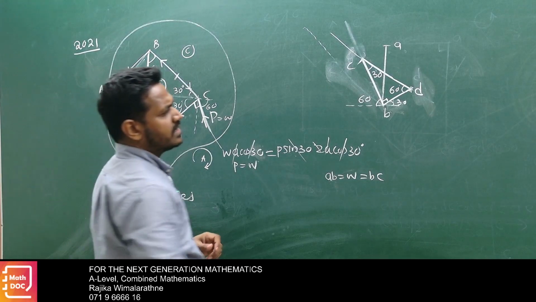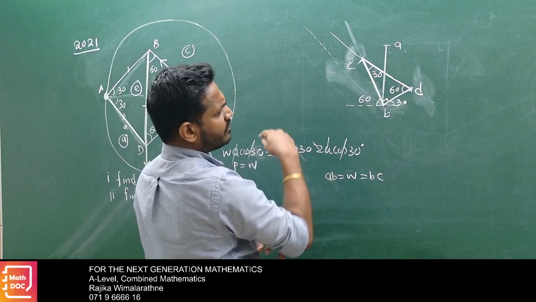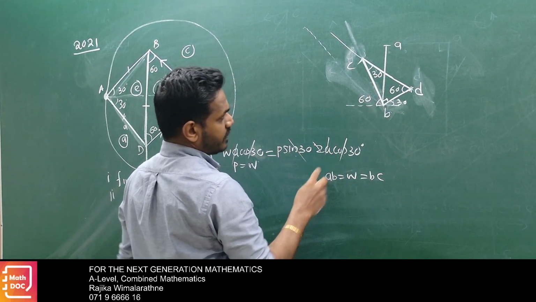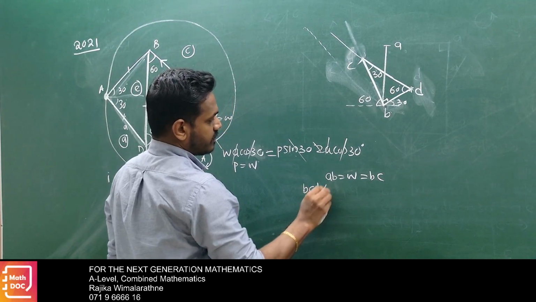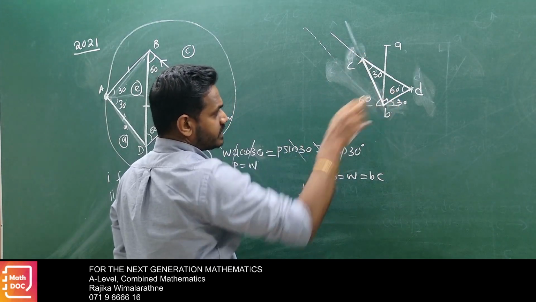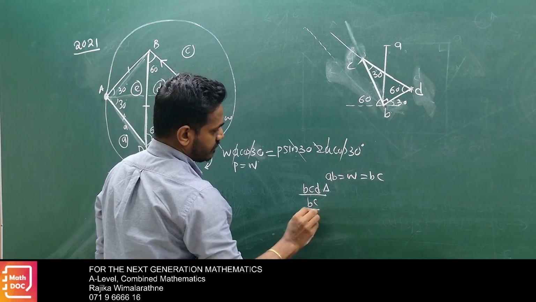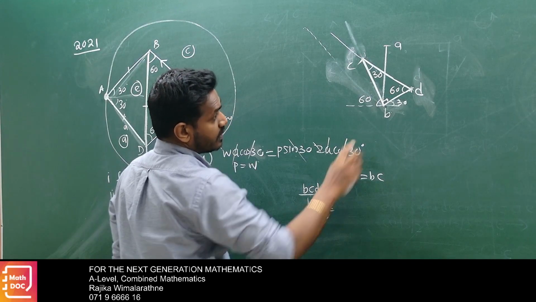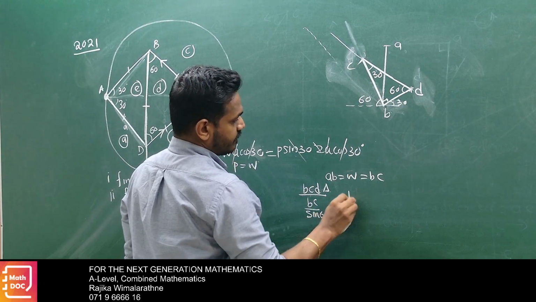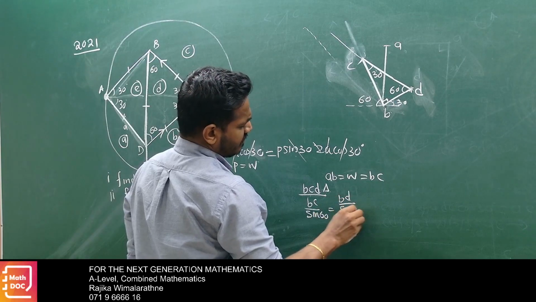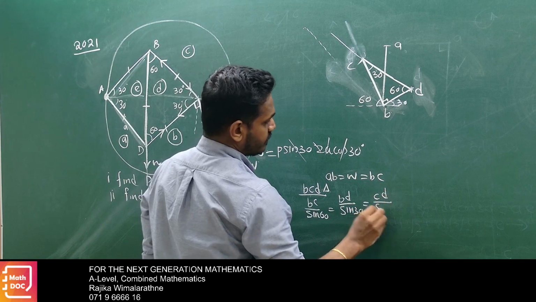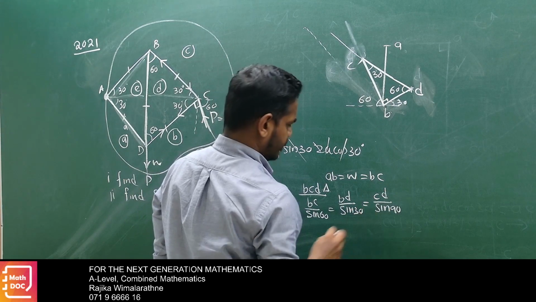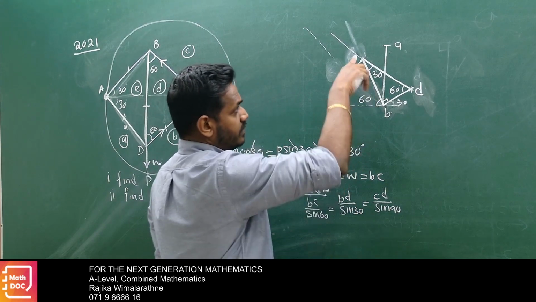Okay. Then you consider this triangle, BCD triangle: BC over sin 60, BD over sin 30, CD over sin 90. Then BC is W, no?